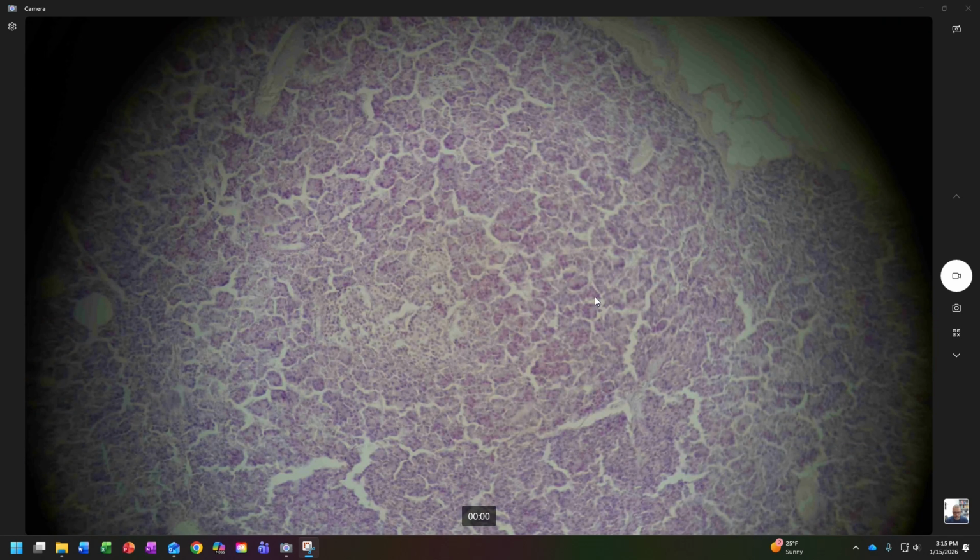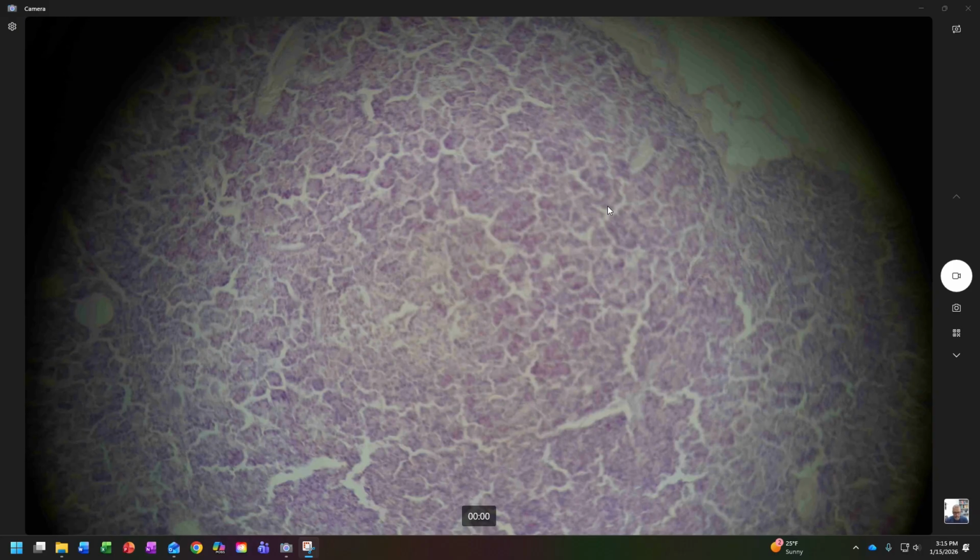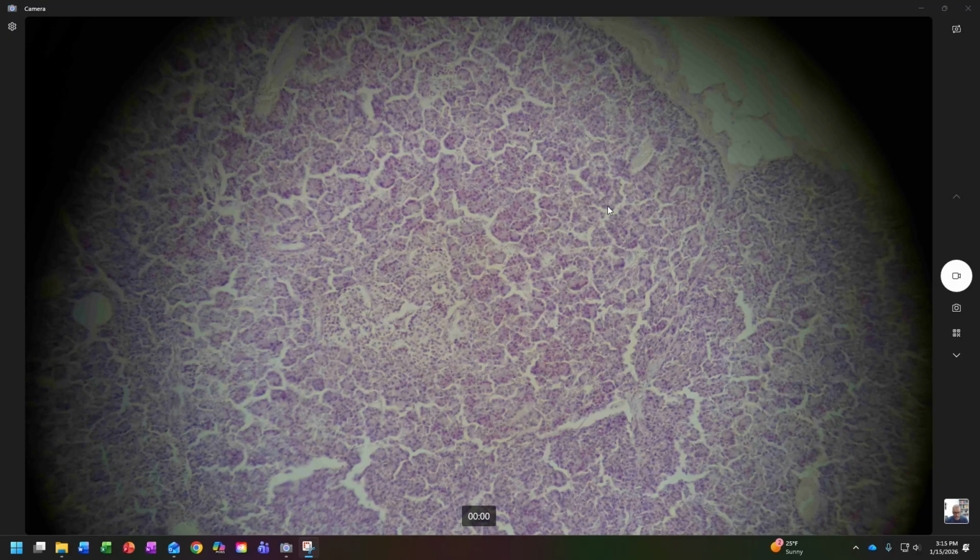So we're starting to see a little bit of differentiation. First of all, notice the granularity of it. Again, remember I said at the beginning of the video, this is an endocrine gland, it's glandular tissue. Again, in my limited experience, it seems to be grainy just because of the shape of the cells and how those are packed together.